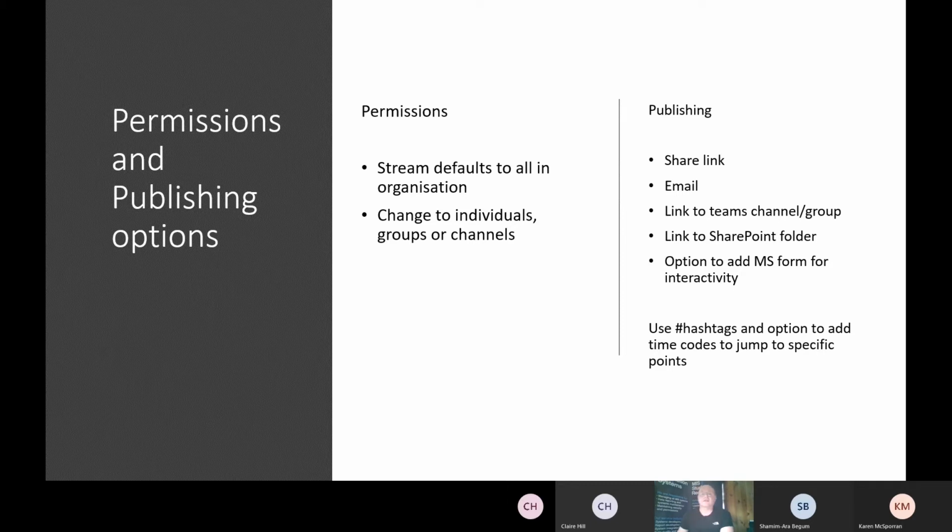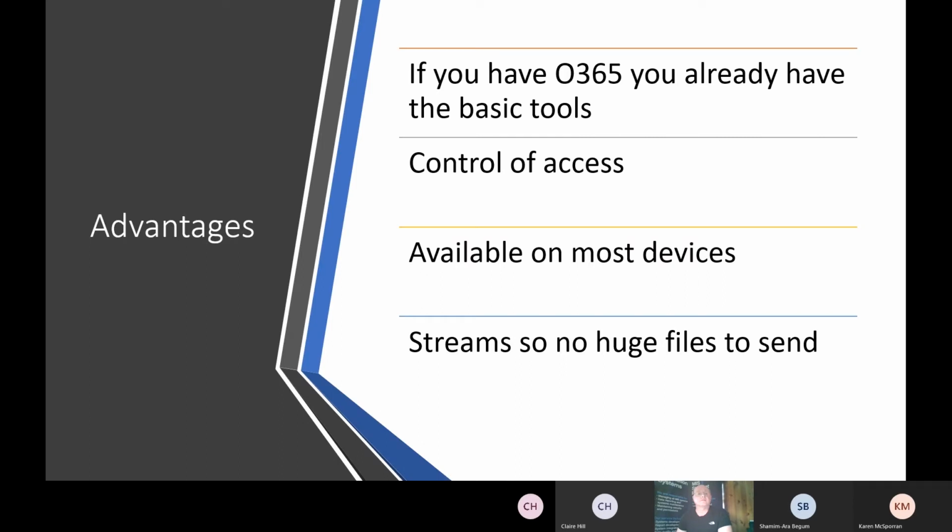And you can add interactivity as well, so you can add a Microsoft form within your video to get feedback from your audience. I assume you all have Office 365.